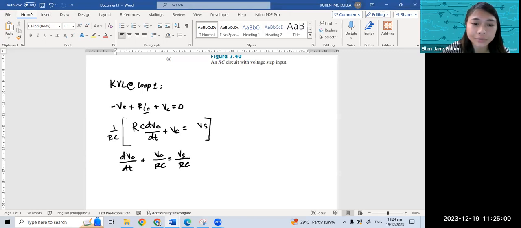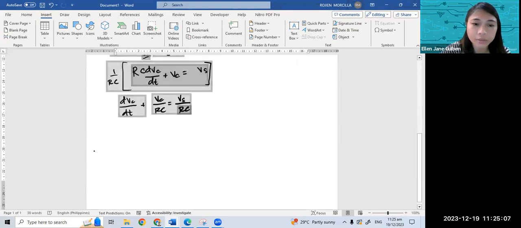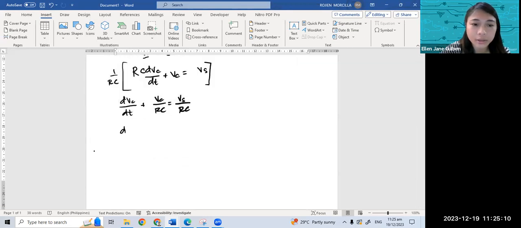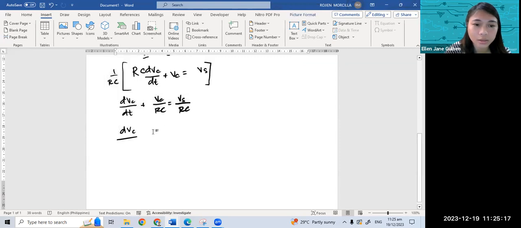And then we will do variable separable. dVc is equal to negative Vc minus Vs over RC.